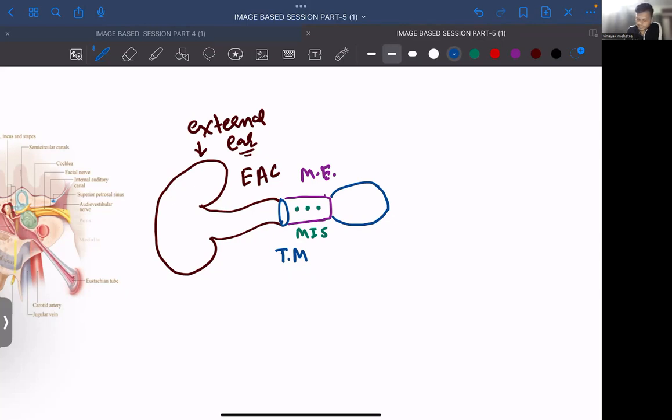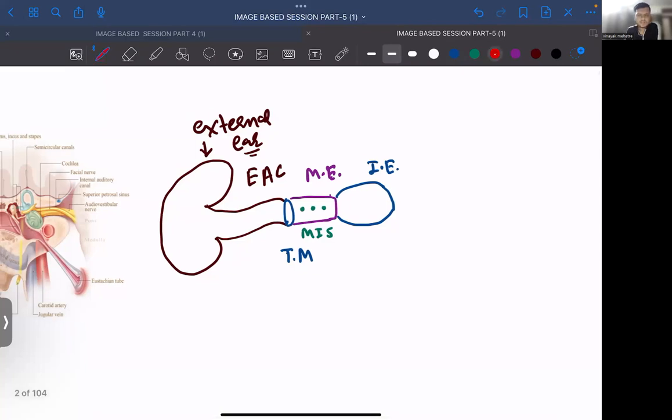What is inside the inner ear? We have the cochlea. Right? We have the cochlea. Cochlea is connected to the brain with what?